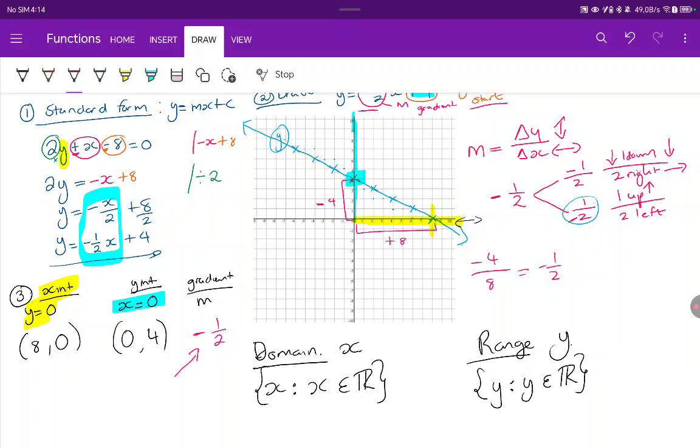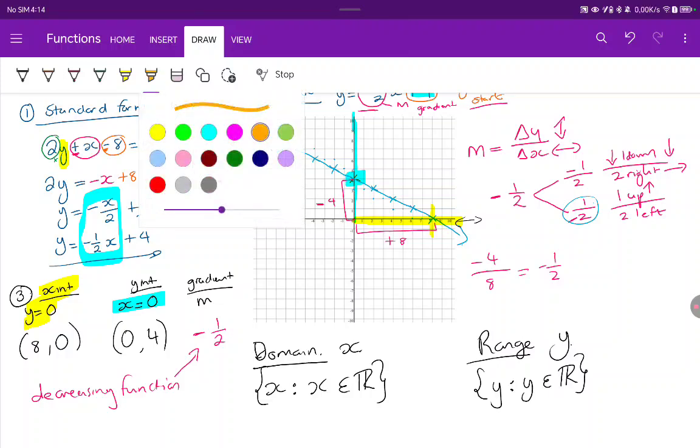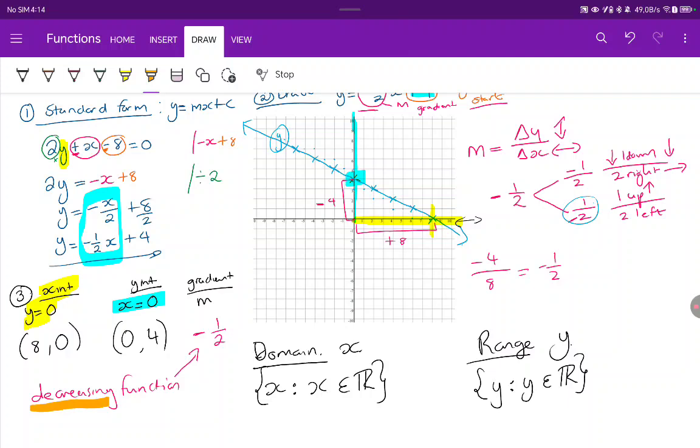This means that this is a decreasing function, and the phrase decreasing is attributed to the fact that the gradient is negative. Notice also that your graph is going in a top to bottom direction.